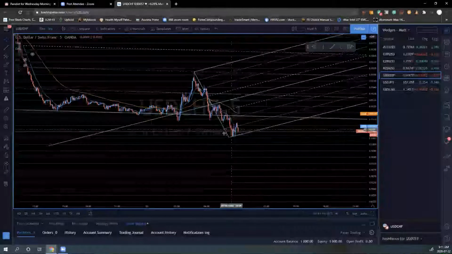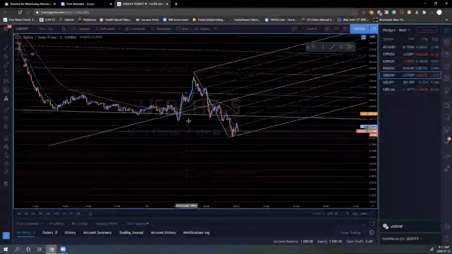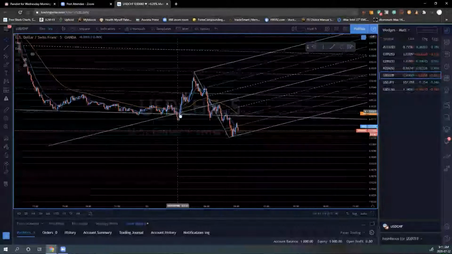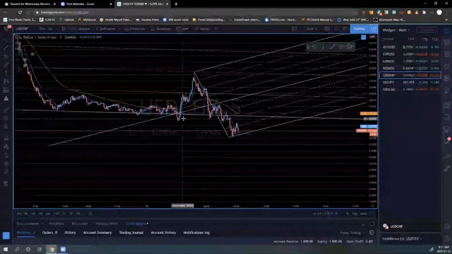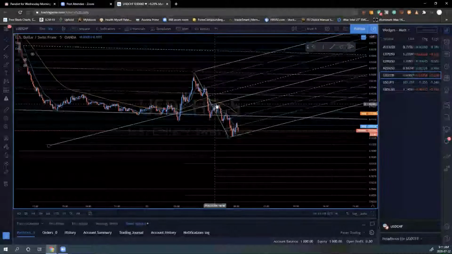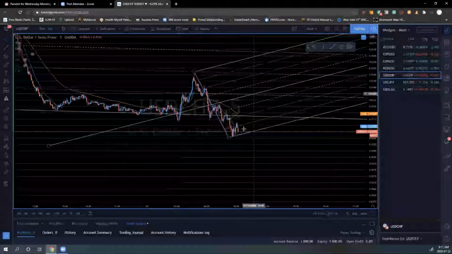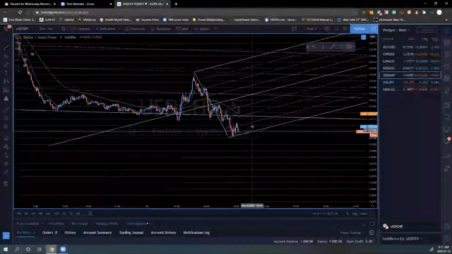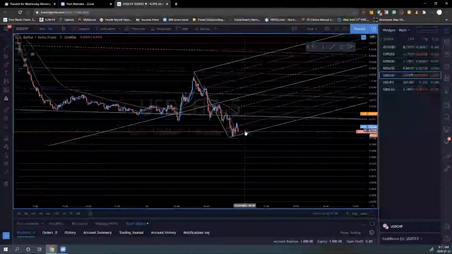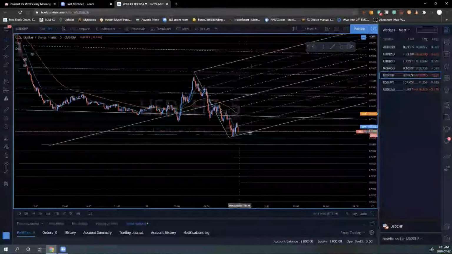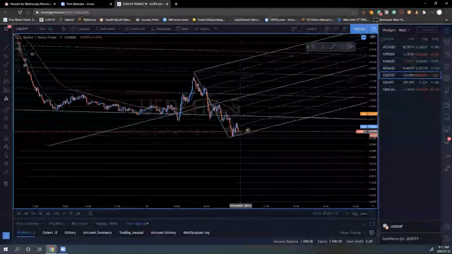Yeah. See, I do like this because you have a tag here, and here's a tag 1 pip away, and here you're missing it by 1 pip, and then it rejected the median. The median is kind of your target. If we get a nice bounce on here, that could be the turnaround point if it bounces off the bottom of this line here.